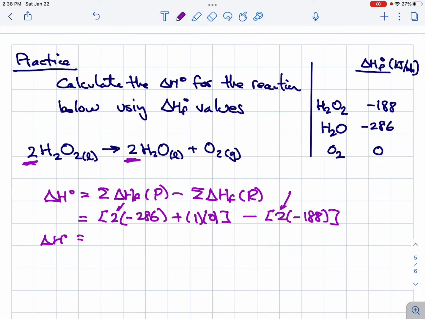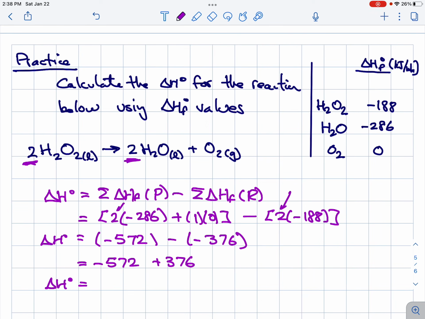And again, I really think it's the only reason that people use these, because occasionally you get a 0 somewhere. But I could be wrong. I know some people really like them. So, all right, and then 2 times 188, that's going to be negative 376. And then that's going to be negative 572 plus 376.